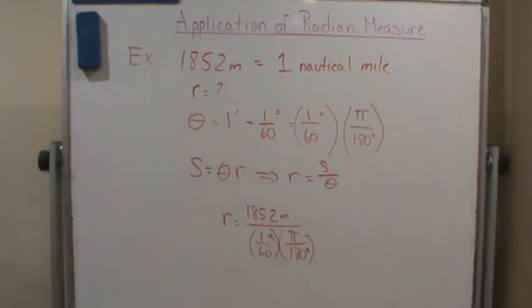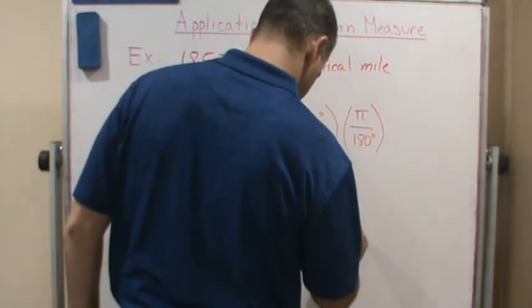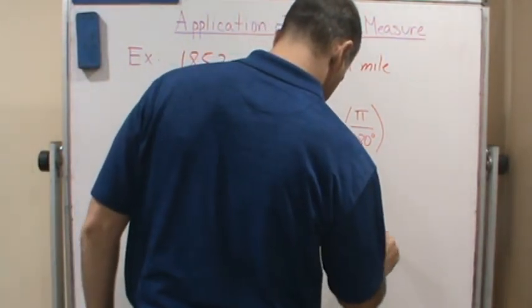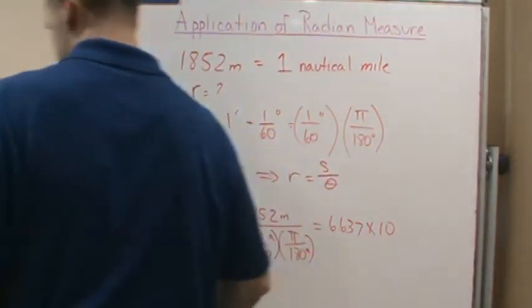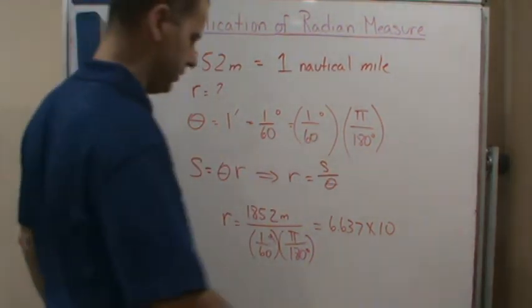If we stick this in our calculator, we get approximately 6.367 times 10 to the 6th meters.